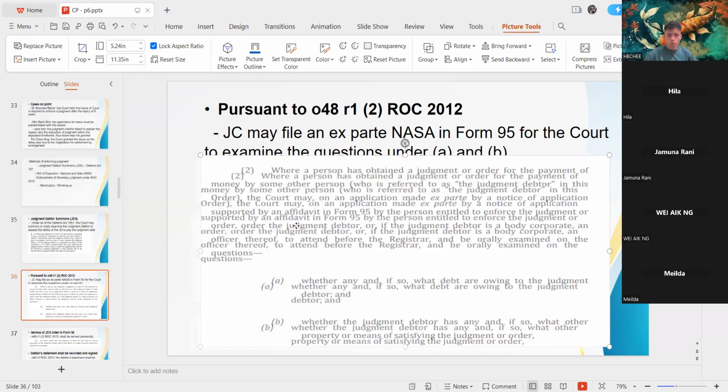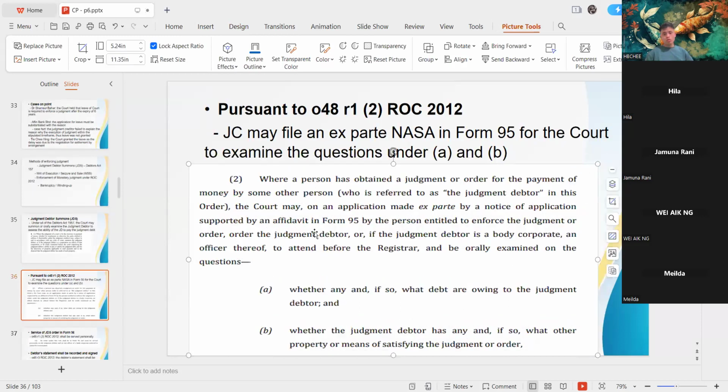Then if you go through Order 48, this is the entire process of a judgment debtor summons. First, you have to file an ex parte notice of application, for the court to decide how to deal with the issue.